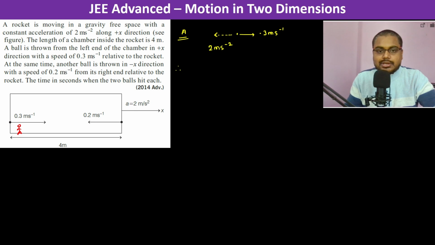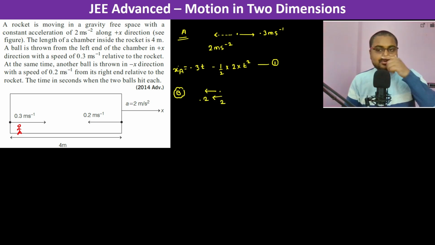So therefore we can write the coordinate of A as 0.3t minus half into 2 into t square. This is first, and this is the x coordinate of A. Okay. For B, we have velocity in this direction 0.2 and acceleration is also in this direction, which is 2 meter per second square.